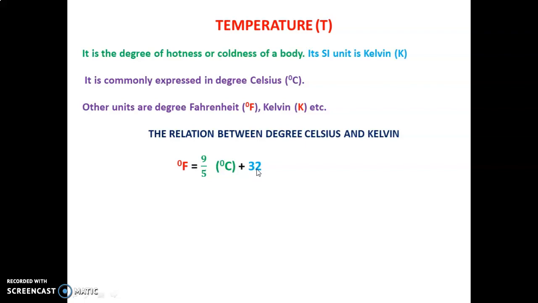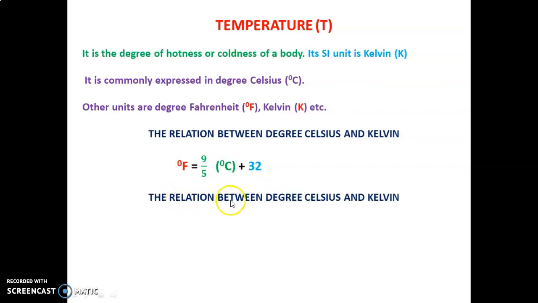When we measure body temperature at the time of fever using a thermometer, it is expressed in Fahrenheit as 97, 98, 99, etc. To find it in Fahrenheit, you write 37 degrees multiplied by 9 divided by 5 plus 32. You will get about 98 point something. So you have to remember this relation.